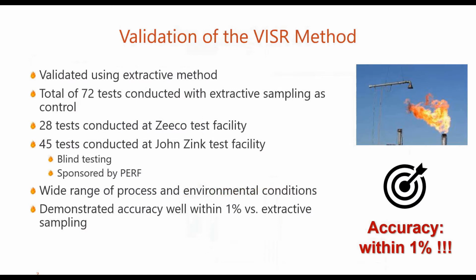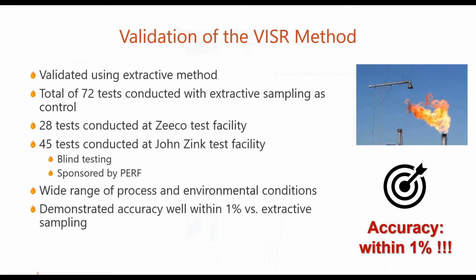We've done quite a lot of validation testing for this method. Extractive sampling is the control method that we use to validate our results. In total, we've done 72 individual tests using extractive sampling as a control. 28 of these were done at Zeeco's test facility in Tulsa. 45 were done at John Zink's test facility, also in Tulsa.